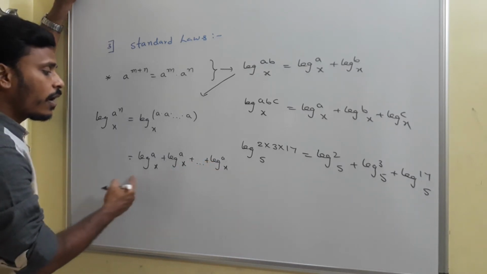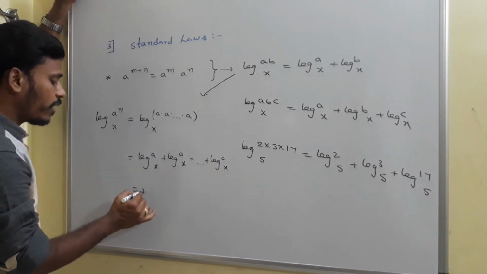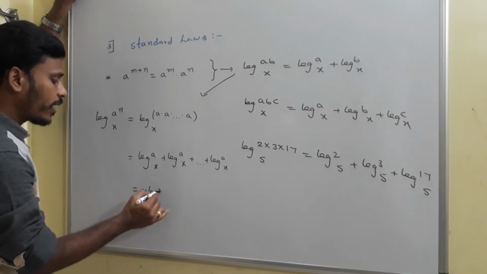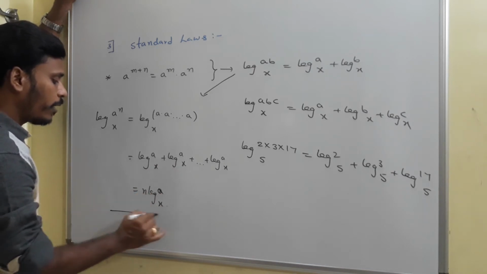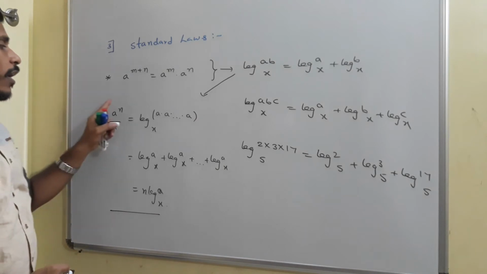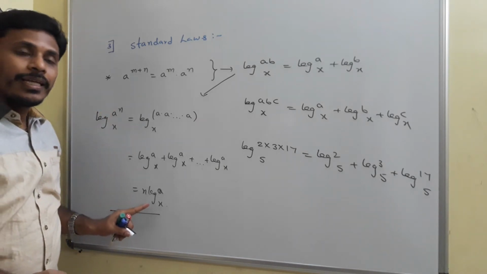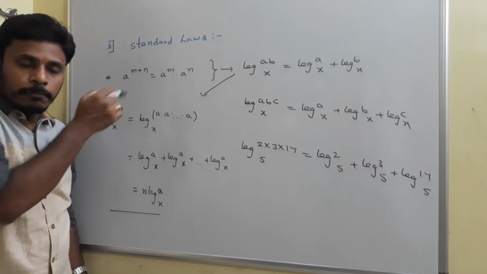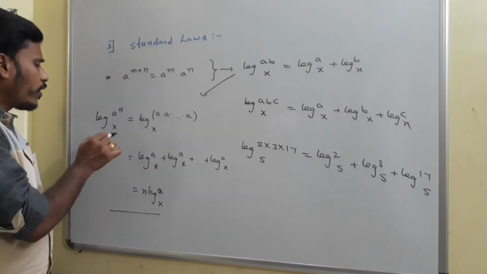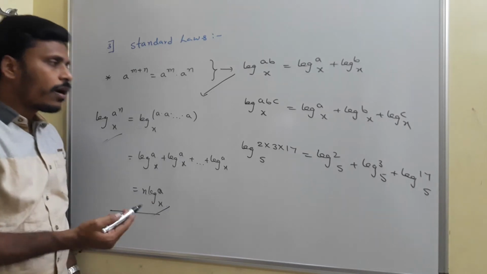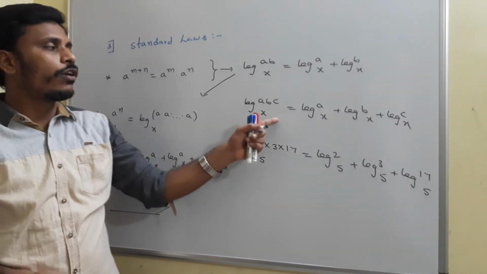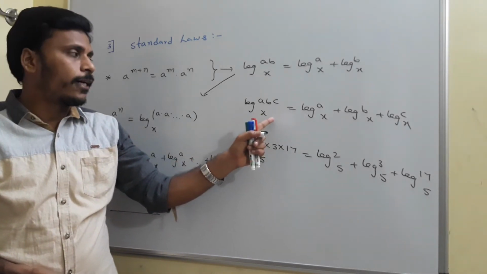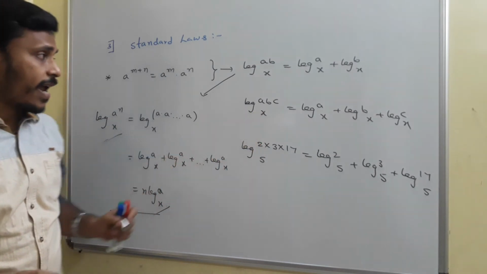How many log a base x terms will there be? n, so n times the logarithm of a base x. So logarithm of a power n base x is equal to n times log a base x. From the definition itself we already stated this, and now we have proved it using this. This is a standard law of the logarithm.